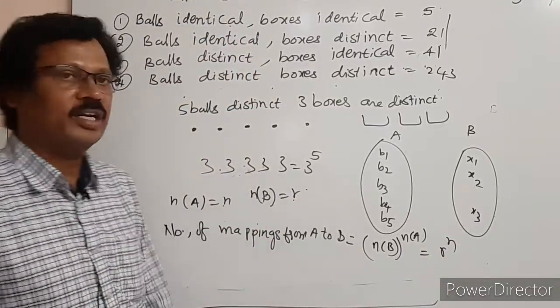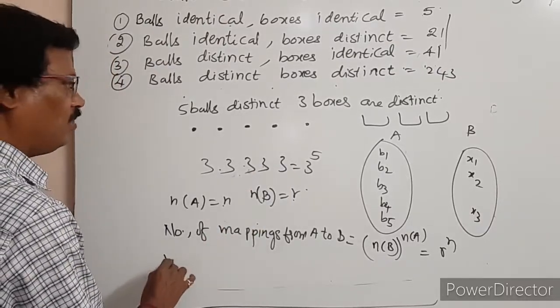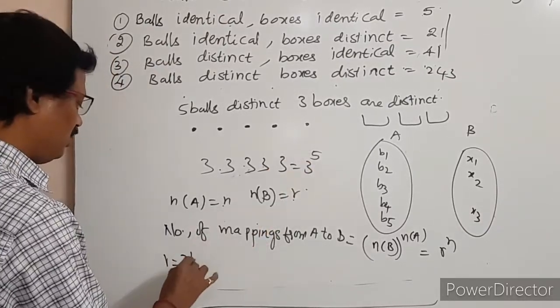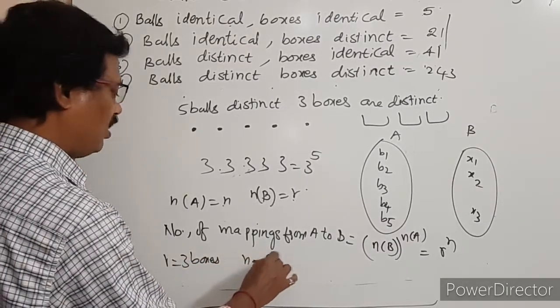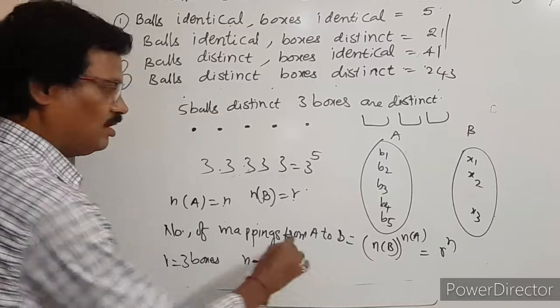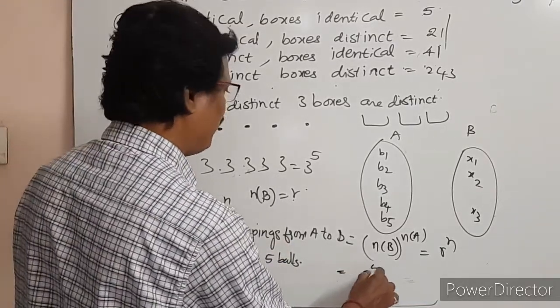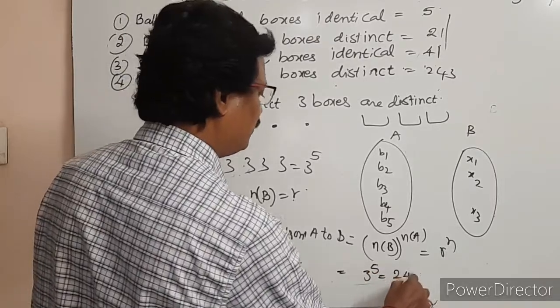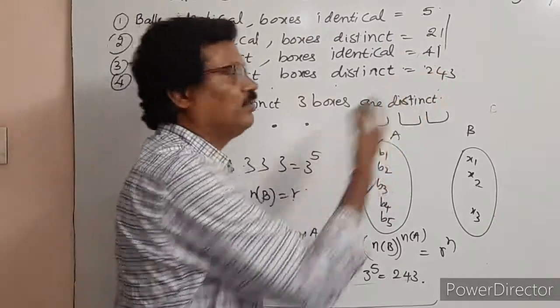Therefore, now we can apply this formula. What is r? r equals 3, as 3 boxes are there. What is n? That is 5 balls. Therefore, the number of mappings is 3 power 5, that is 243. Therefore the fourth answer is 243.